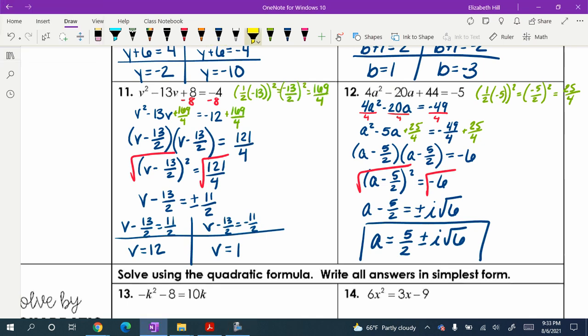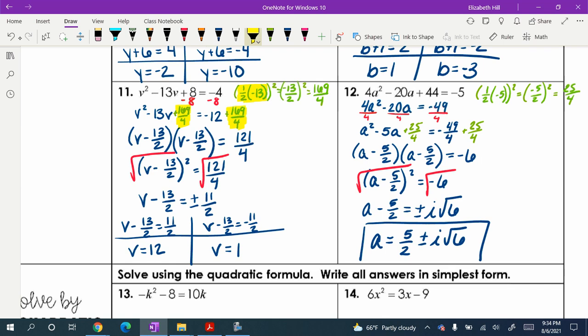Number one, when you were looking at that adding value, notice in this first one, both of them here, you're adding a fraction. Keep it, don't do a decimal. Make sure that you keep it as a fraction. I'm just doing 1/2 of negative 13, which is negative 13 halves, and squaring that. So you square the top, you square the bottom, you get 169 over 4.